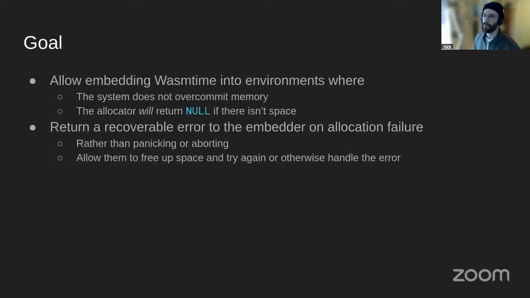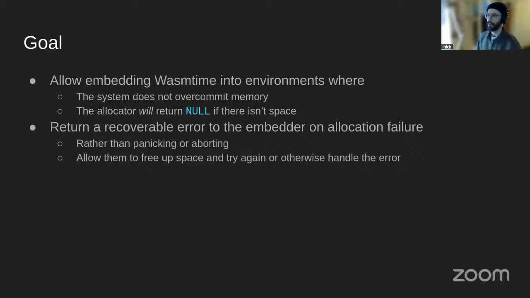So the goal is to allow embedding Wasmtime into environments where the system does not overcommit memory, like Linux famously will, and where the allocator will return null if there isn't any more space for your allocation.